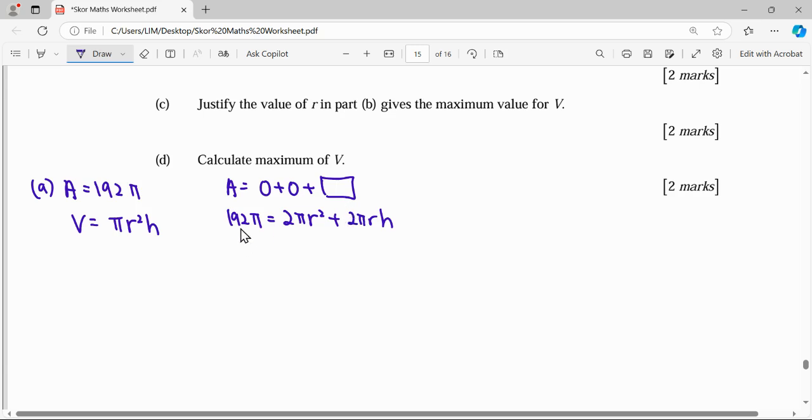So we can simplify, as here you can see we want to find out what your h is. So 2 pi r h equals 192 pi minus 2 pi r squared, moved to the left hand side.